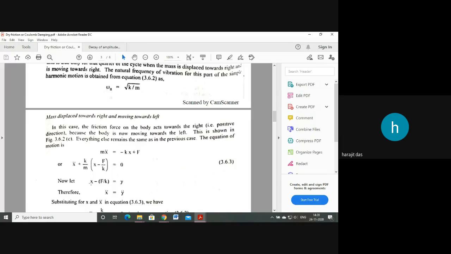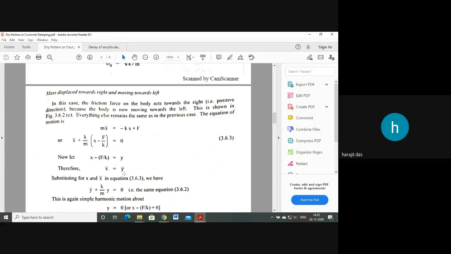If you double differentiate this, for x you will get x double dot, and minus f by k will be 0 because it is constant, equals d square y by dt square, so y double dot. So x double dot equals y double dot. Substituting this in the equation, we get y double dot plus k by m times y equals 0.